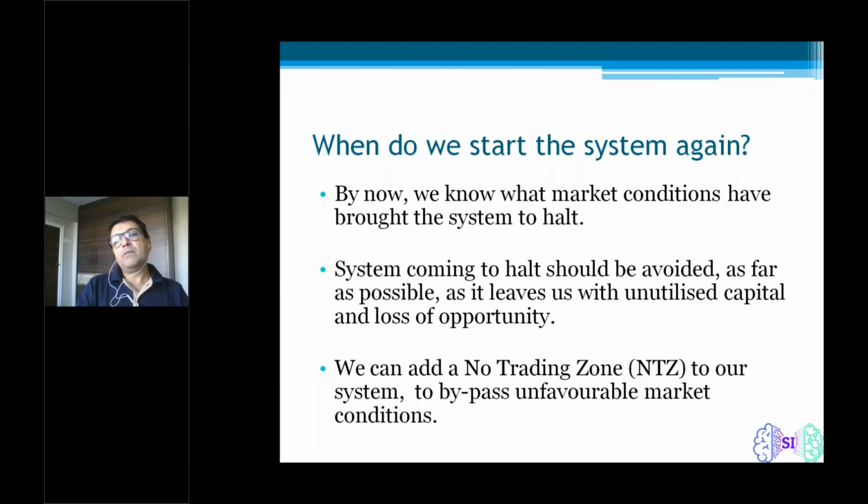So instead of just starting the system again whenever the market comes back, what you can do is add a no trading zone. This is the part of the system wherein you bypass the unfavorable market conditions.